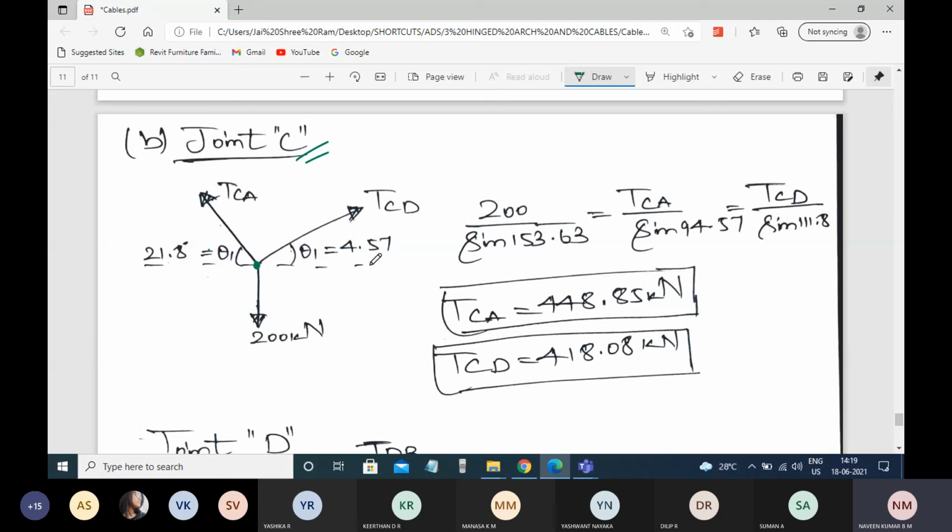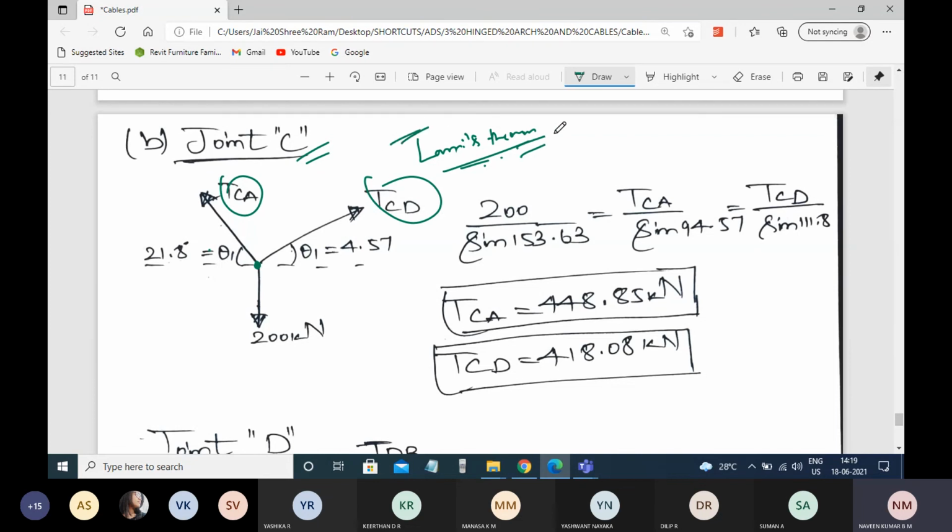Now I hope you remember Lami's theorem. Just recall this Lami's theorem. In order to find the forces in the cable, you need to consider Lami's theorem.